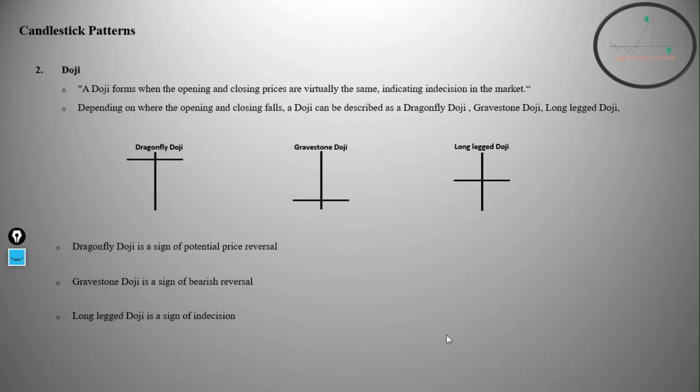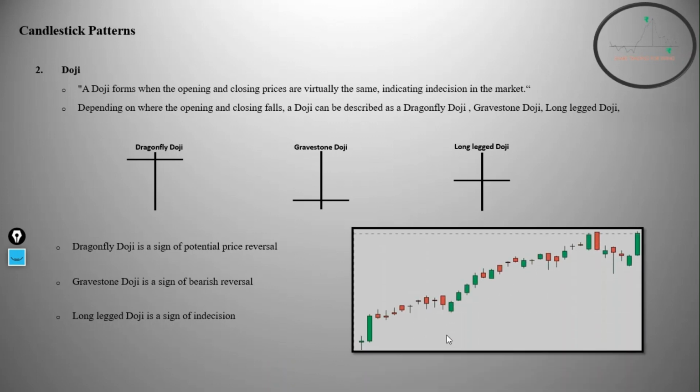Now let's look at a chart to understand how to interpret a doji. In this chart you can see there are too many dojis, of all types. There is a dragonfly, a gravestone doji, and a long-legged doji, and this all means confusion.